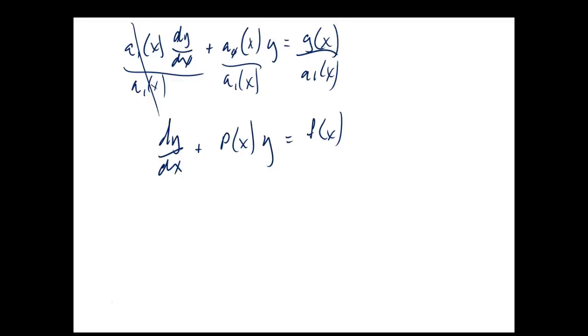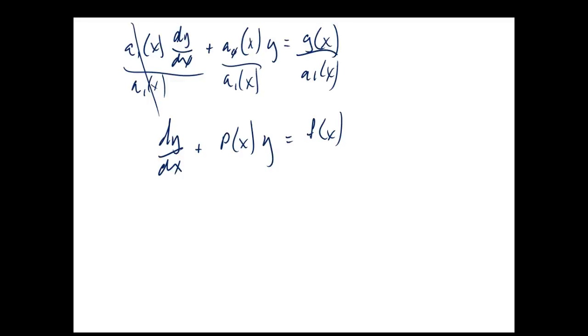As long as a1 of x wasn't zero, exactly. But if a1 of x was 0, you would have a linear function. You wouldn't have a differential equation, right? So that's your standard form.